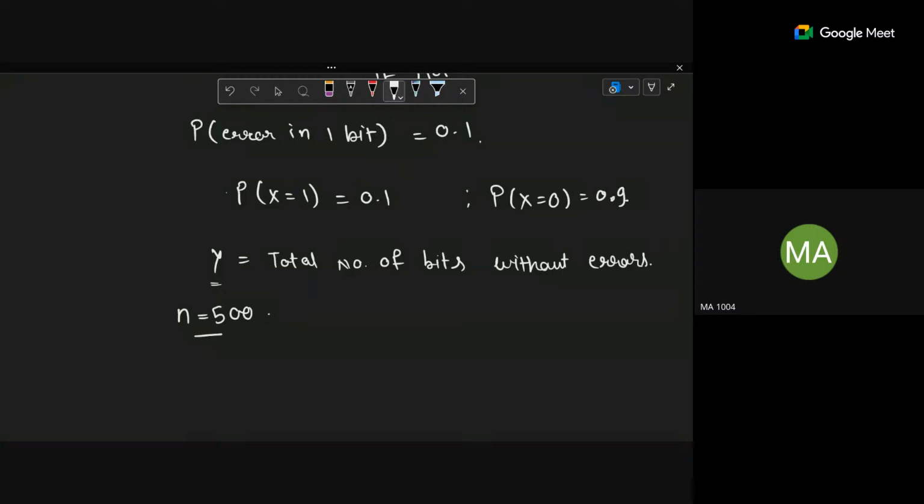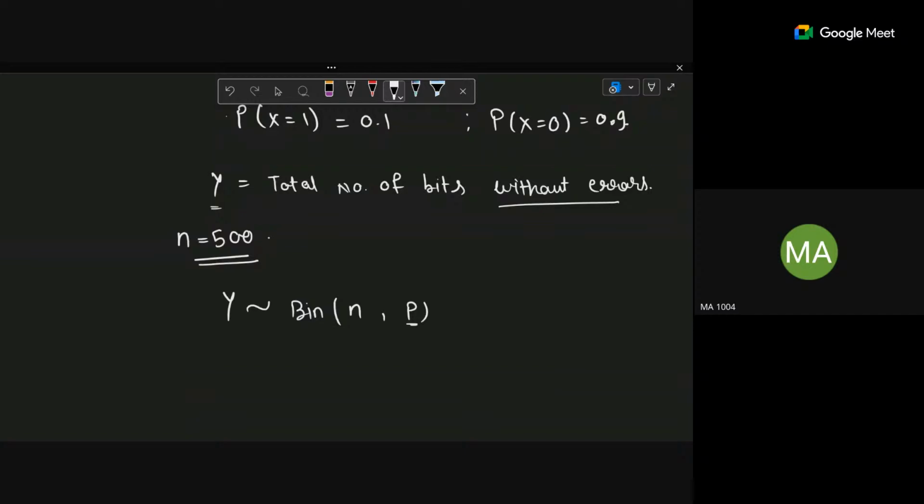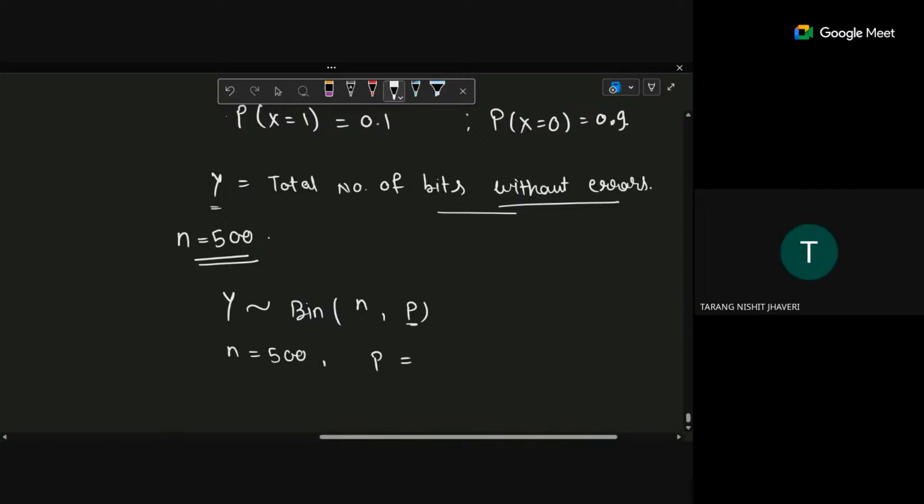So out of 500 bits, y is calculating how many bits are without error. Which distribution might it be? Binomial. If y is following binomial, then it will need two parameters, n and p, right? P is the probability of whatever we are calculating, bits without error. So n is 500, that's not a problem here. And what will be the p here? 0.9.